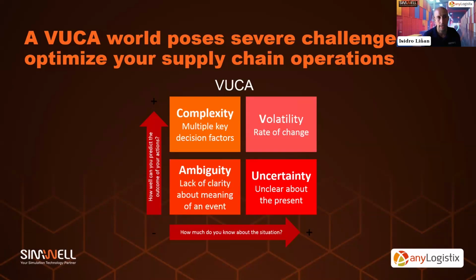So given this VUCA environment, we need to use the best processes and solutions to tackle those challenges and increase our transparency in our decisions and our capabilities to take actions efficiently.